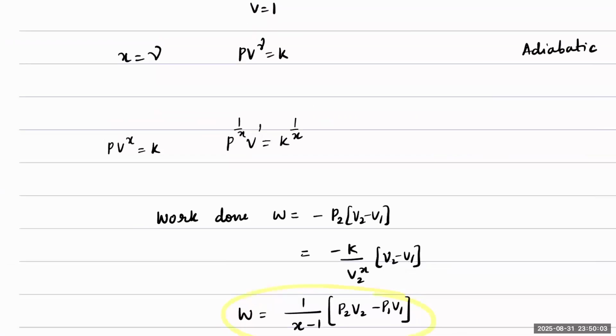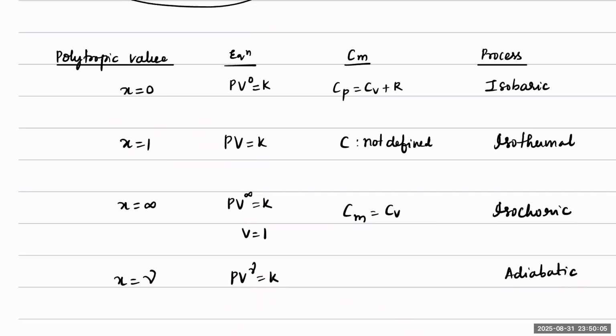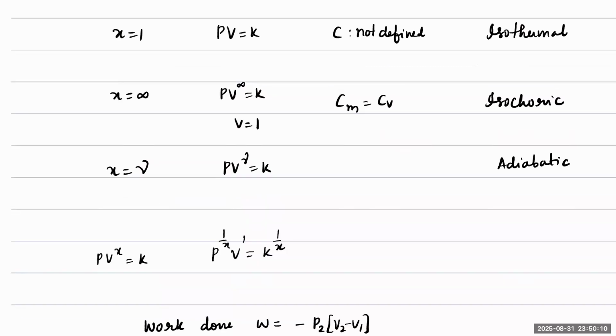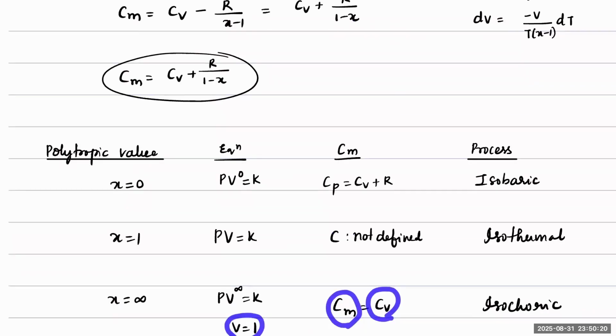So when x is equal to infinity, you will get volume being constant, and we learned this process, that is called isochoric process. And Cm will become equal to Cv because this factor will not be there anymore. That will be 0.